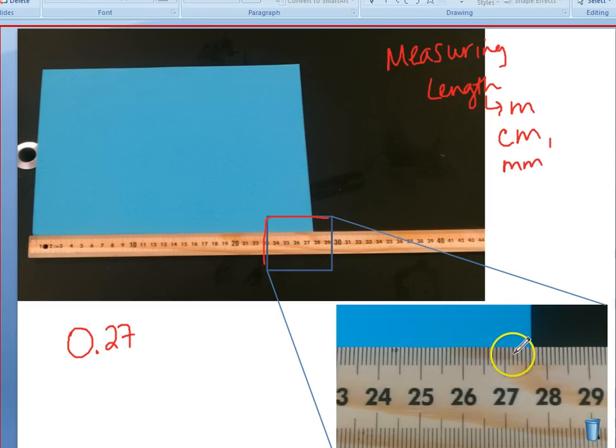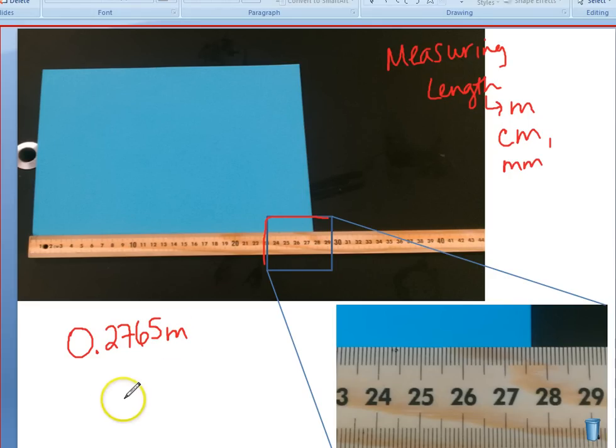And I can see that I have 1, 2, 3, 4, 5, 6 millimeters more than that 27. It looks to me like it kind of goes over that 7 mark, that 7th line. So I'm going to say, oh, whoops, that 6th line I mean. So I'm going to say 0.65 meters.